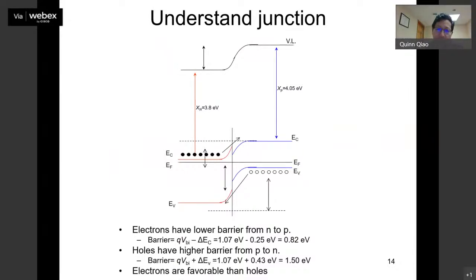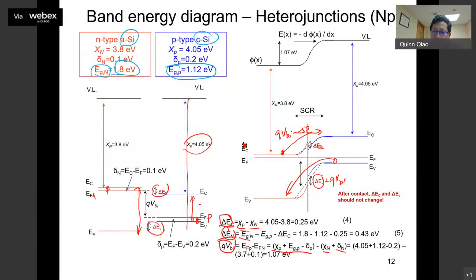now let's see what I just talked about. For the barriers, if it's your homojunction, the barrier is about 1.07. Since there is a delta EC here, you reduce that barrier by 0.25. That delta EC, you calculate it, is 0.25. Delta EV is 0.43.